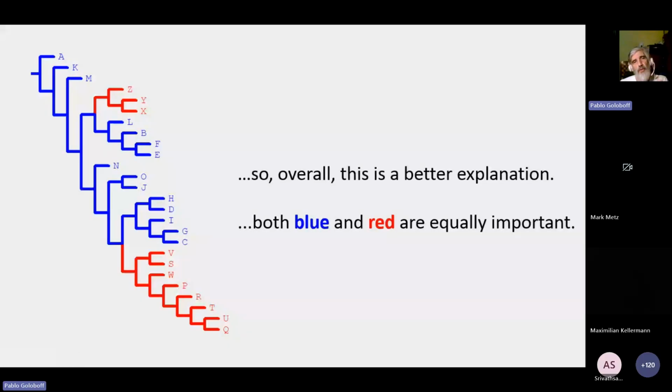So one more thing is that both blue and red are equally important. It's not that we want to explain red preferentially over blue. In principle, all characters and states will have similar weights. It's up to the user to decide if there are grounds for doing something else.